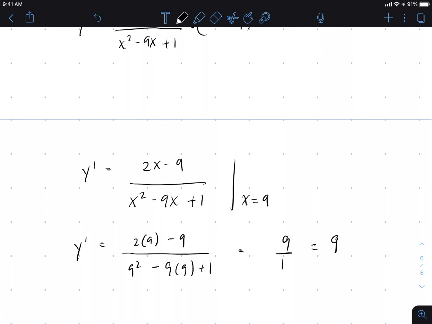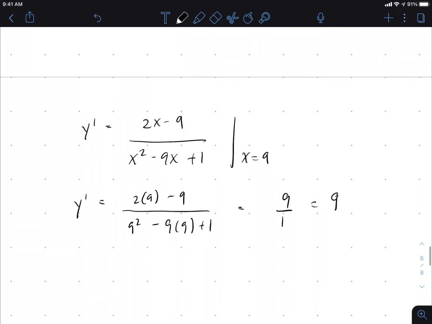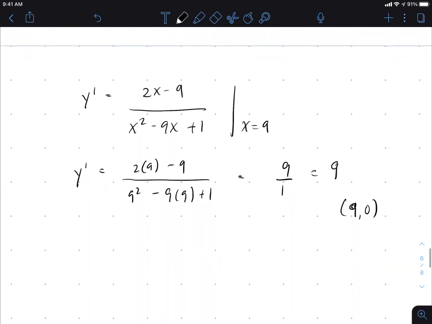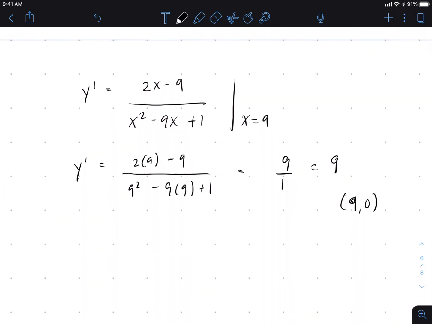Agreed? Great. And the point that was given to us was 9 comma 0. Is that right? Yes. 9 comma 0. Okay, so then we'll go y minus 0 is equal to 9 times x minus 9.